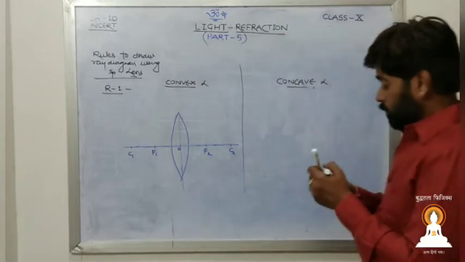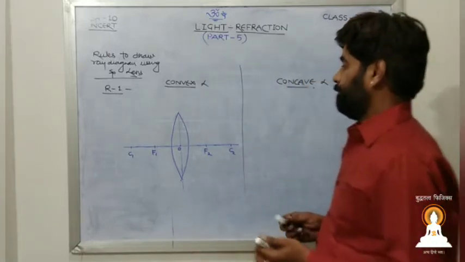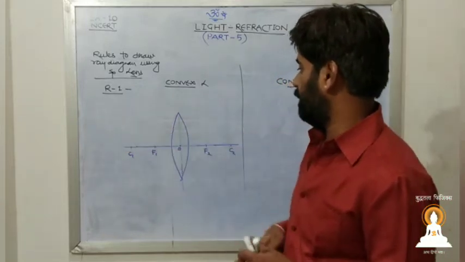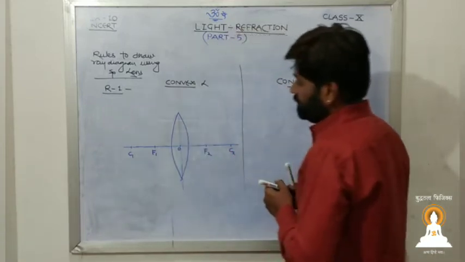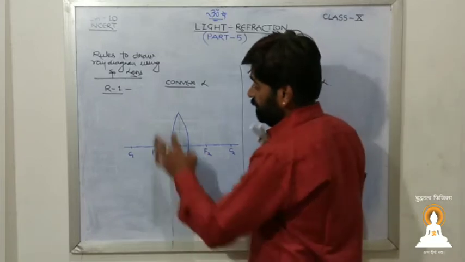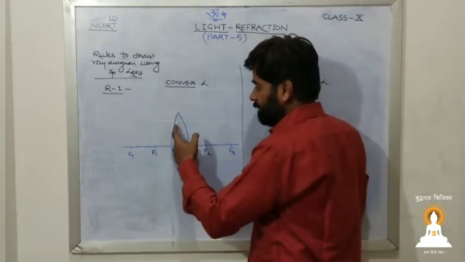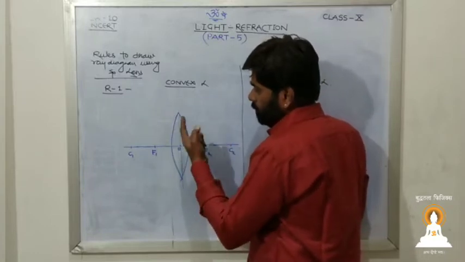Now rule number 1 says, when an incident light comes parallel to the principal axis, then just after refraction, listen carefully, there are many things. The very first thing is that we have already discussed in previous classes that this aperture is negligible, so we should not bother about it.